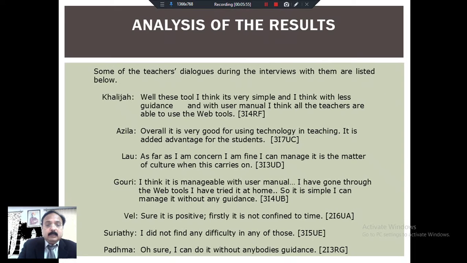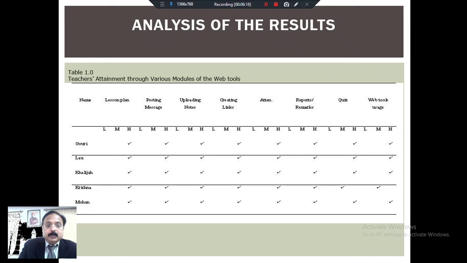You can see some of the statements uttered by the teachers during the observation recorded here, and the themes were generated and codified. All the interviews were transcribed as well. This is the analysis part, the content analysis, which I am showing you here.